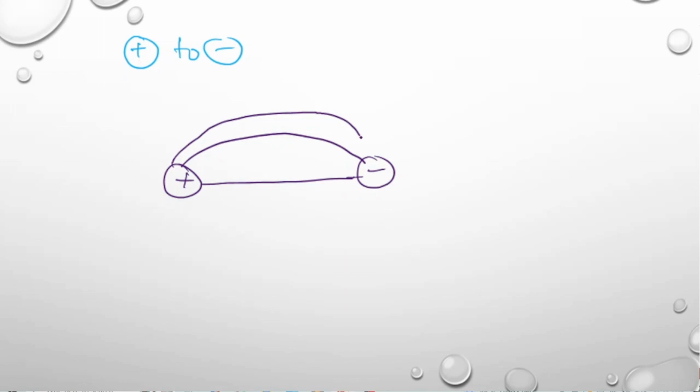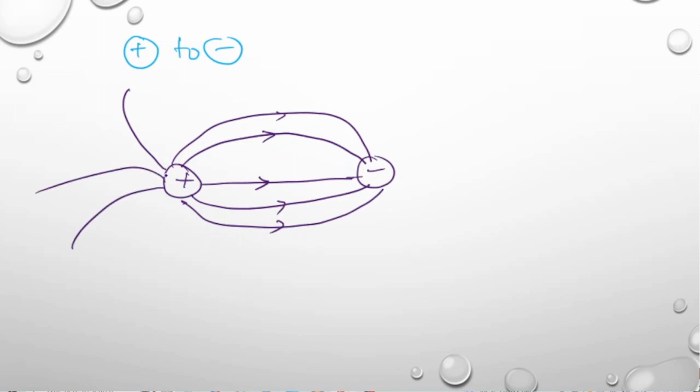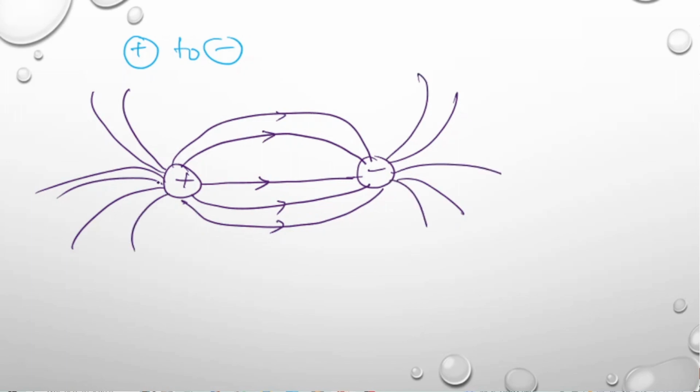And here also an electric field will be generated. So for positive charge, it moves radially outwards. For negative charge, it moves radially inwards. Clear? Okay.